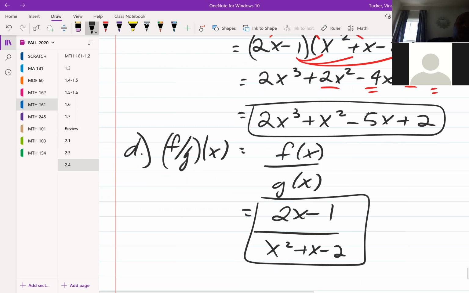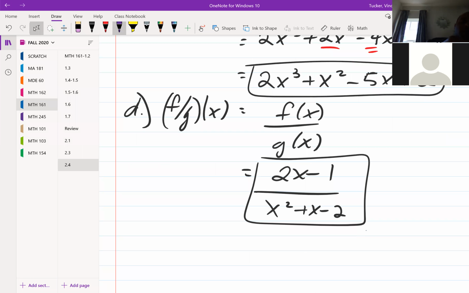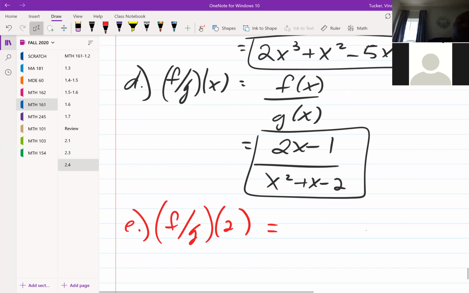Also, this wasn't in there, but you may see something like this. If I had f over g of 2, that just means you will plug in 2 where you see x. Now you can either plug in 2 right here and find each one of them individually, or you can plug in 2 here. It'll be the same thing.